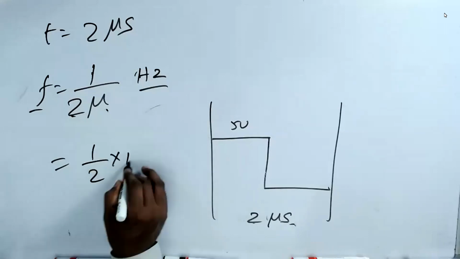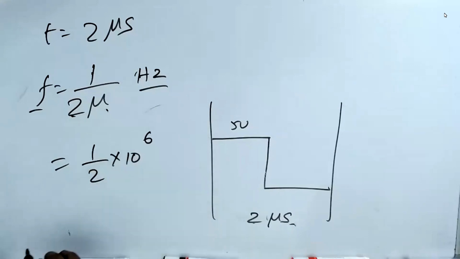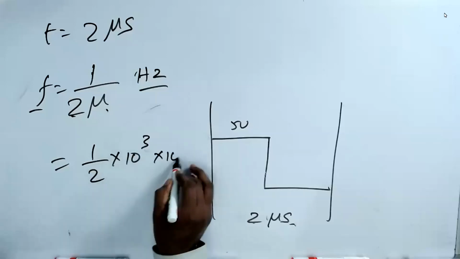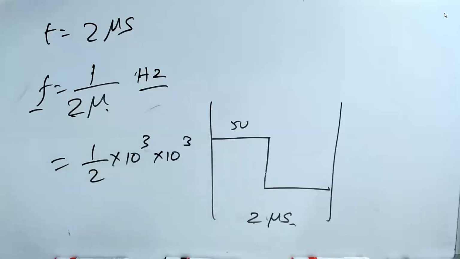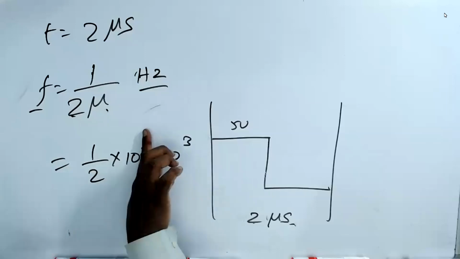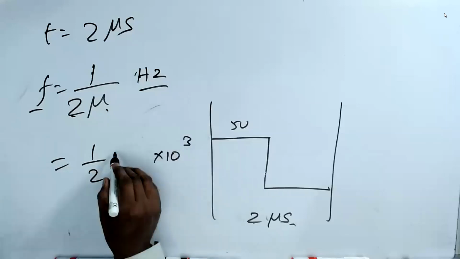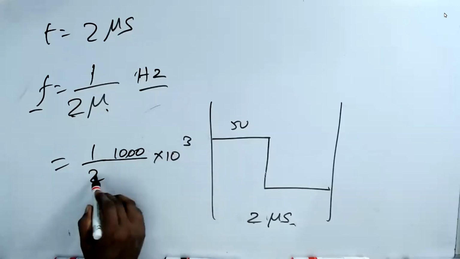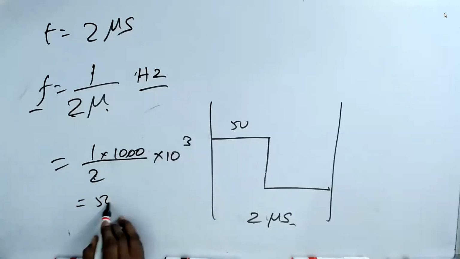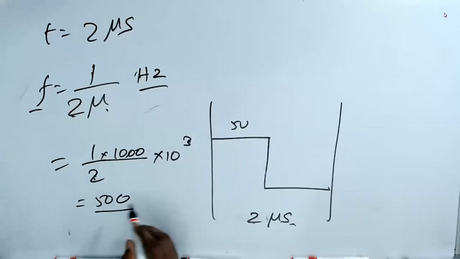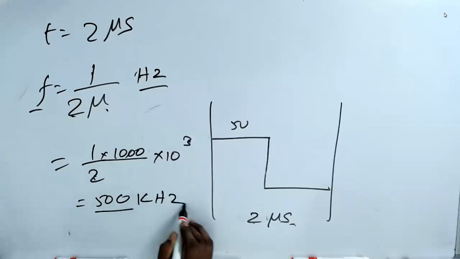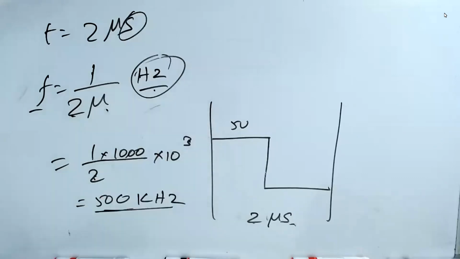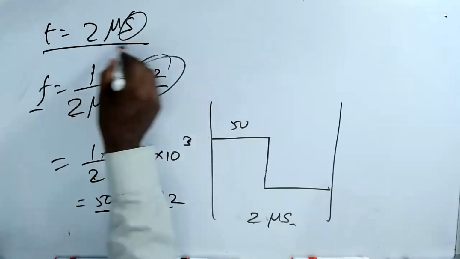I make the 10 power 6 into 10 power 3 into 10 power 3. Now this 10 power 3, I make it as 1000. So 1000 by 2 is equal to 500. 10 power 3 is kilohertz. Hertz is already there because of the second. Now you understand: if T is equal to 2 microsecond, then F is equal to 500 kilohertz.